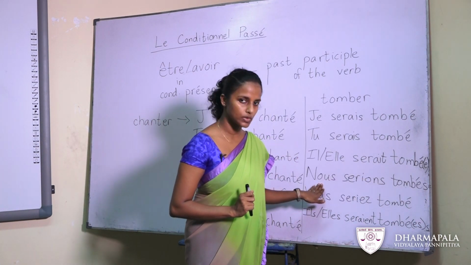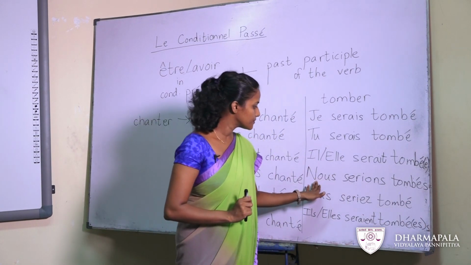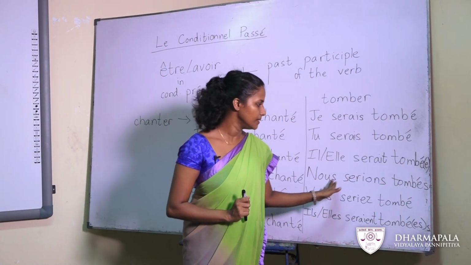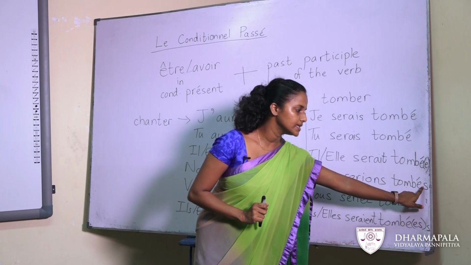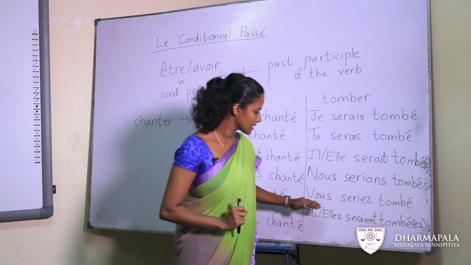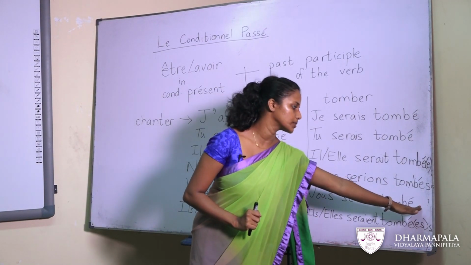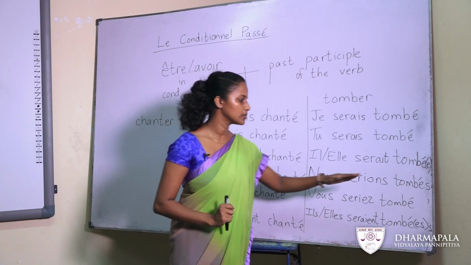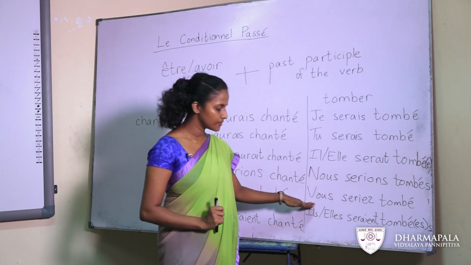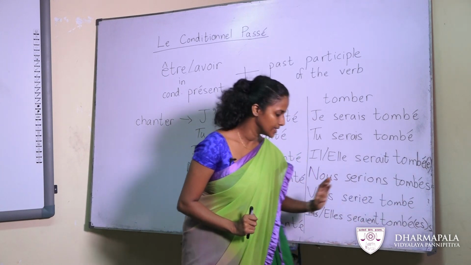Nous is plural, so we have to add another s. But if this nous is feminine plural, we have to add another e and s. Vous seriez tombé. Here also, if the vous is masculine plural, we have to add s. If it's feminine plural, we have to add es. If it's feminine singular, we have to add another e.